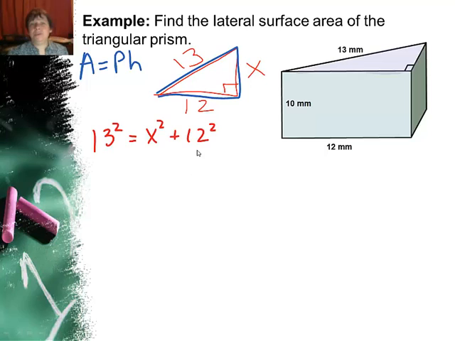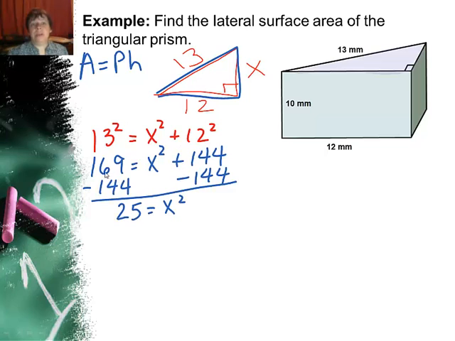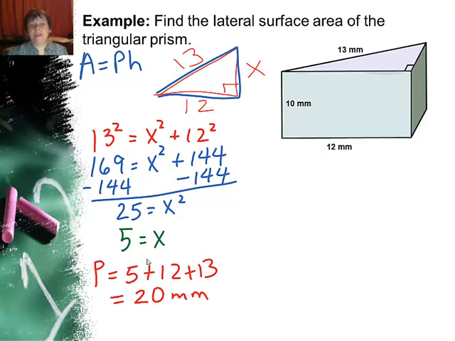I can use the Pythagorean theorem because it's a right triangle. 13 squared equals x squared plus 12 squared. Go ahead and square everything. Subtract 144 from both sides, and I get 25 equals x squared, so x is 5. You may recognize this triangle. This is the 5, 12, 13 triangle, a very handy Pythagorean triple. Okay, so now I know the side here is 5, so I can find the perimeter.